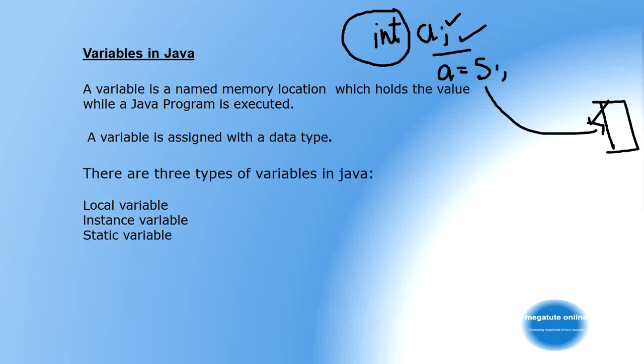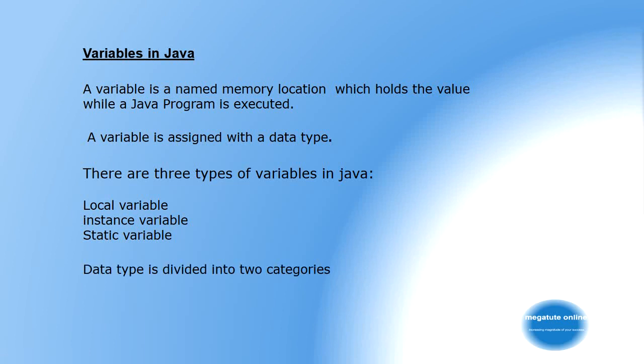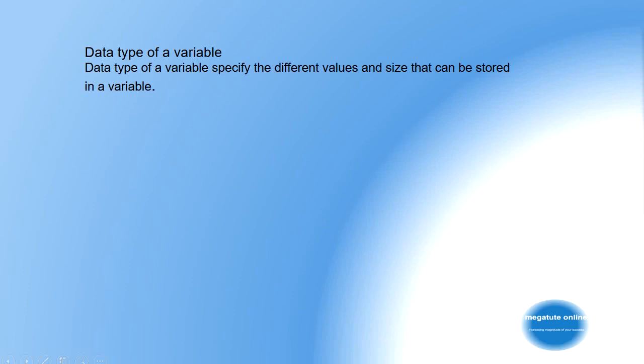All right. Other than that, the data types are also divided into two categories. The first type is the primitive data type, and the second type is the non-primitive data type. Now let's see the data types of variables in detail. Data type of a variable, by definition, specifies the different values and size that can be stored in a variable.